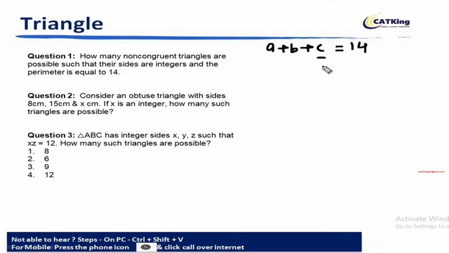If we take c as 7, then a plus b must also be equal to 7, which does not satisfy the first condition, which is that the sum of two sides must be greater than the third one. So the value 7 for c is not possible. So the largest value that c can take must be 6, because then a plus b will be equal to 8, which is greater than c.